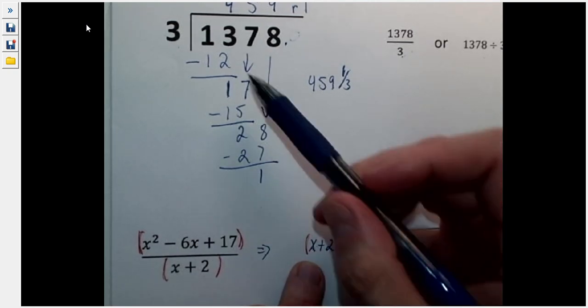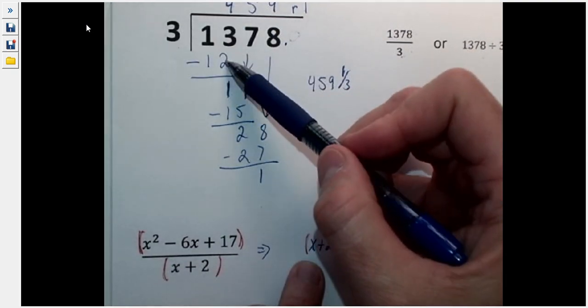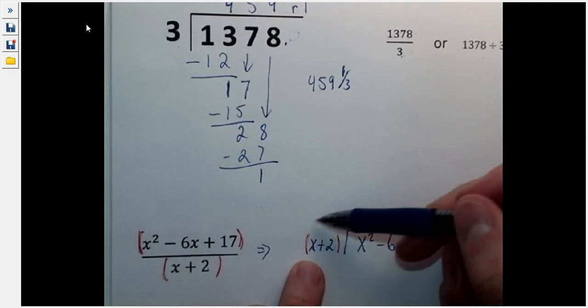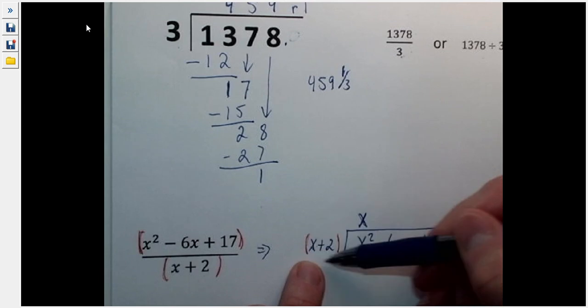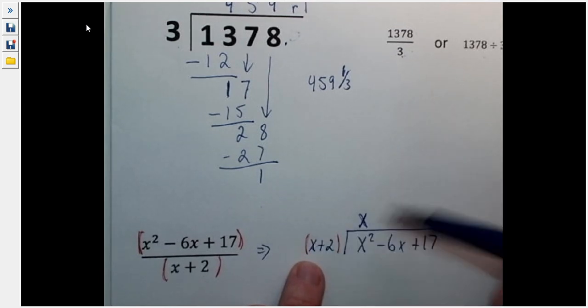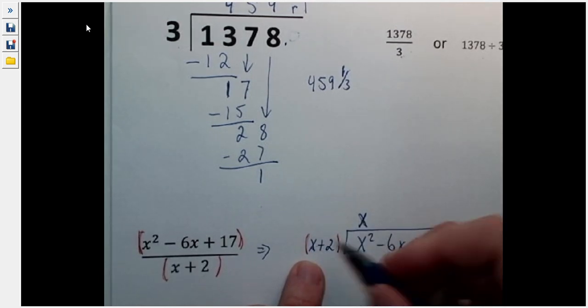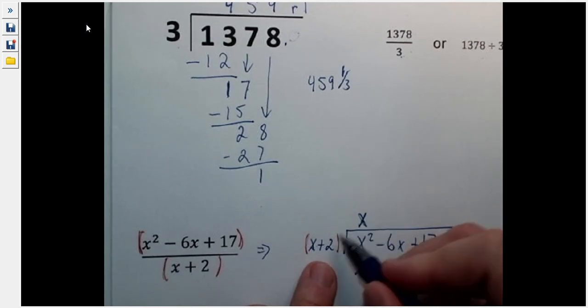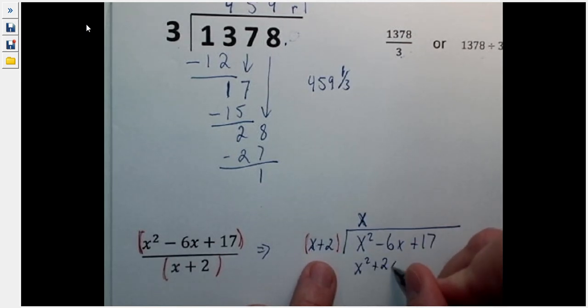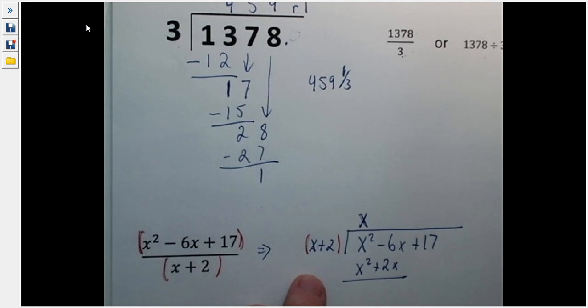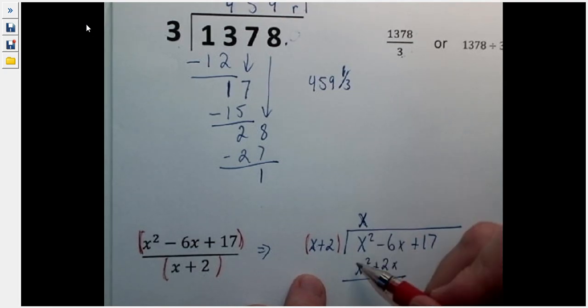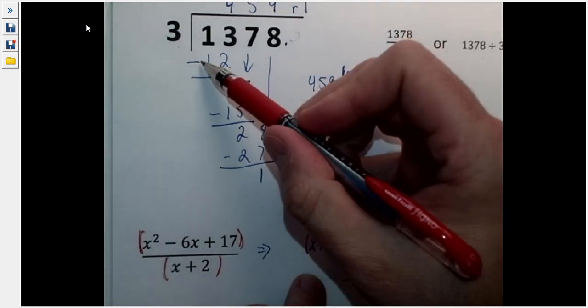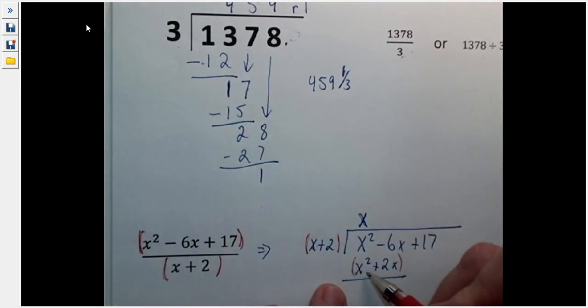Now, just like I did up there, when I multiplied the 4 times the 3 and got 12, I'm going to multiply this times this, but the whole thing. So I have to multiply it by both of the terms in there. So x times x is x squared, and x times 2 is 2x. Now, just like at the top, I'm going to subtract, but I have to think of it as subtraction with parentheses around it, so I have to actually distribute my negative sign into all of my terms here.